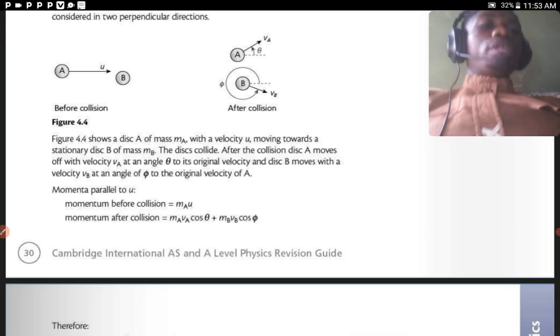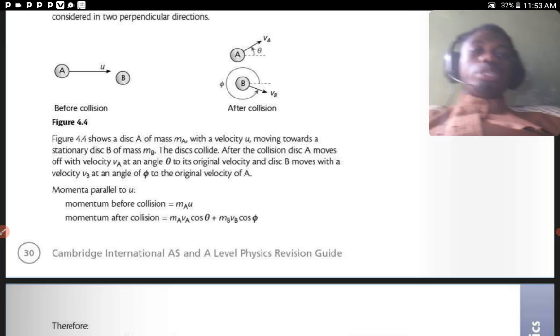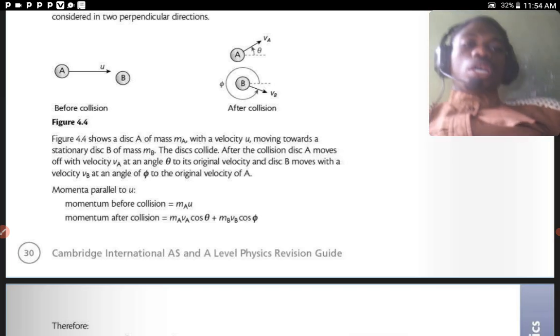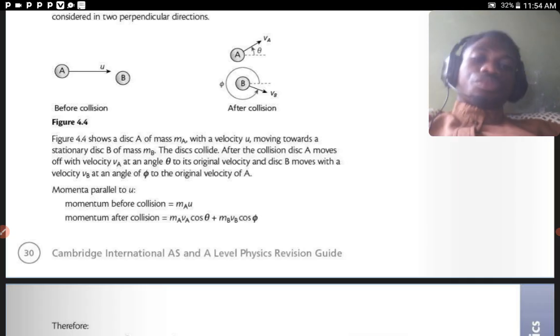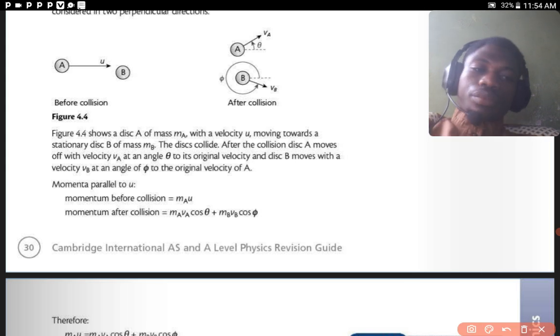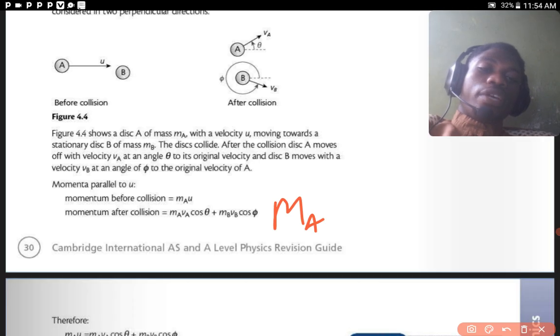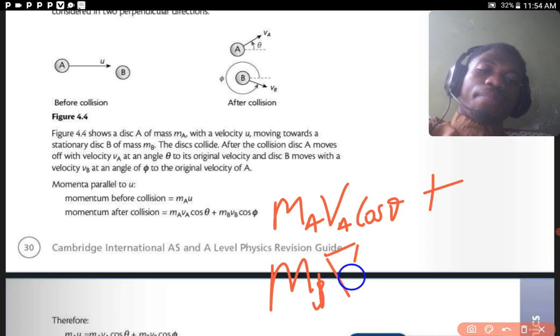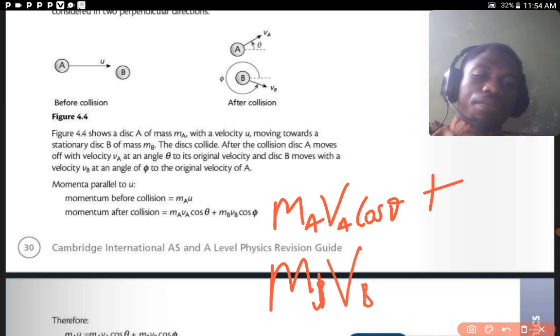When a body is not moving, it doesn't have momentum because velocity will be 0. So we have just ma times u. Then after collision, we are now going to have ma moving with velocity va cos theta, plus mb moving with velocity vb cos phi.